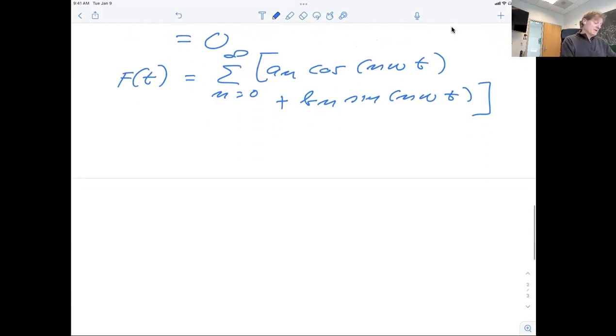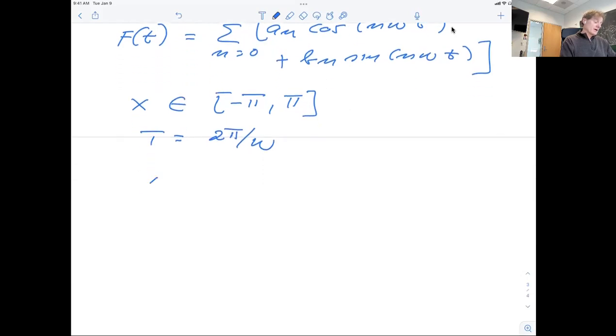Now, in the previous case, when we looked at the integrals, we had defined x to live between minus pi and pi, but there's nothing which hinders us to introduce the period. By introducing the period of 2 pi divided by omega, we could change the integration domain so that x could span from minus T divided by 2 up to T divided by 2.